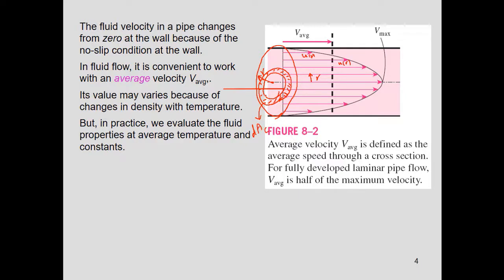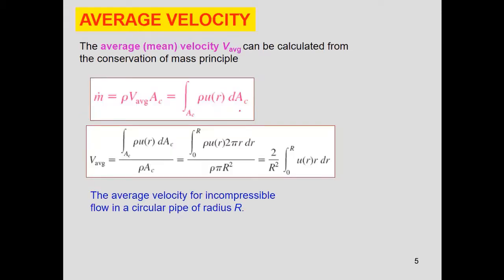This is dr, this part is dr, just its thickness is dr. So to calculate its area, we can write this equation. This dAC is 2 pi r dr.